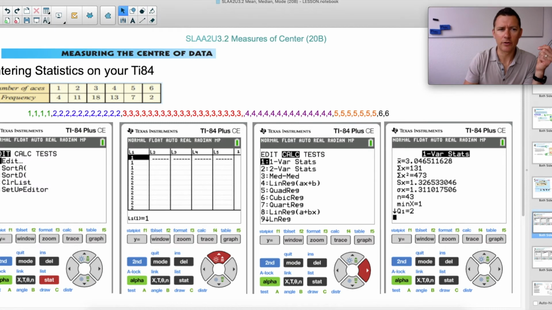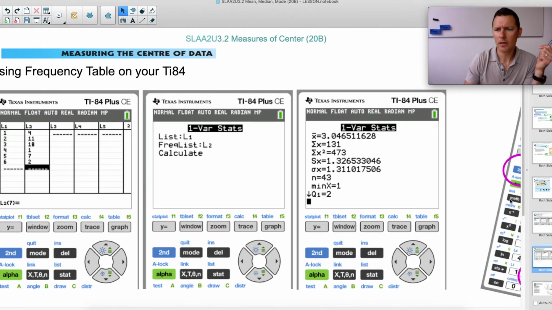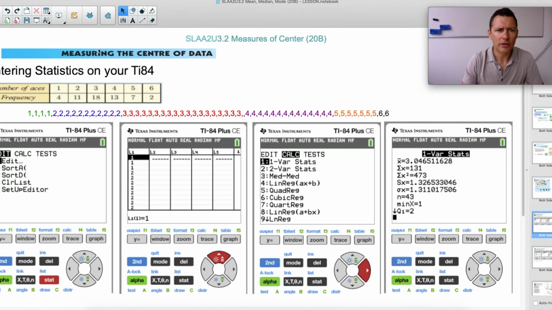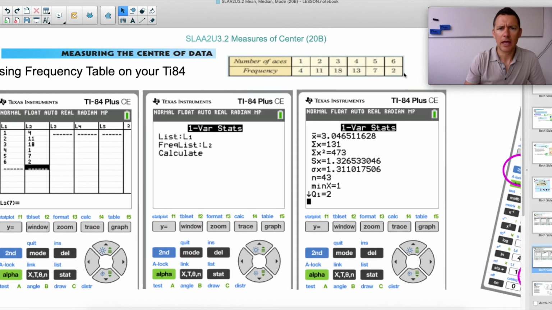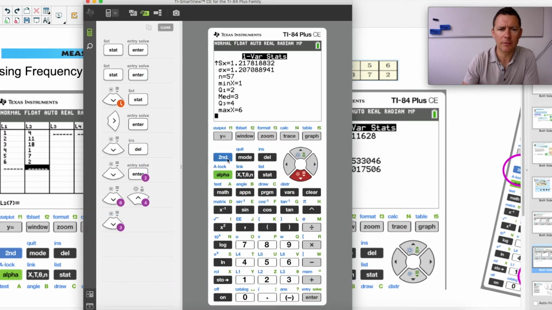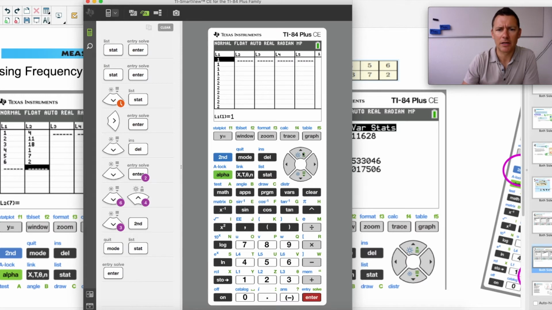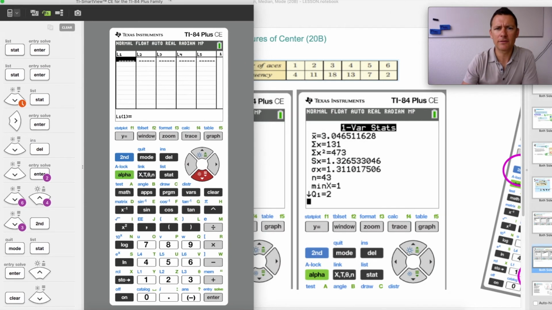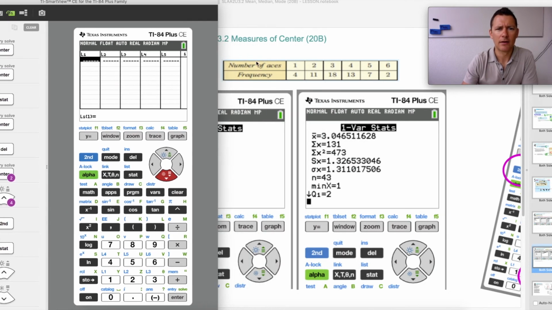A smoother way to do it is take that same data and use a frequency table with my calculator. So we're going to do the same thing. Go into stat, go into edit. I'm going to clear this out. You go up into L1, you hit clear, you go down, and it'll clear it for you. And this is the way to enter a frequency table.